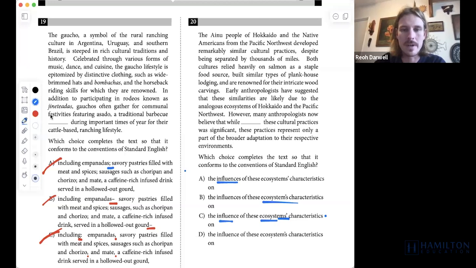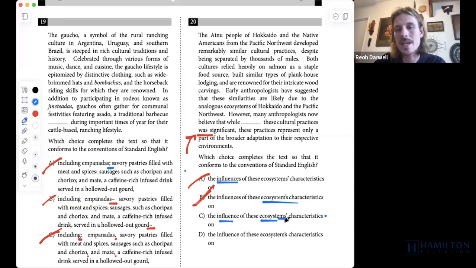Why can we get rid of A and B? Because we see "was significant." The "was" is referring to influence. How can we tell? Because this sentence could say, many anthropologists now believe that while the influence was significant. So that was singular, which means we can get rid of influences plural.